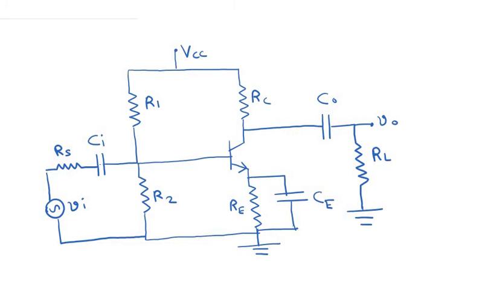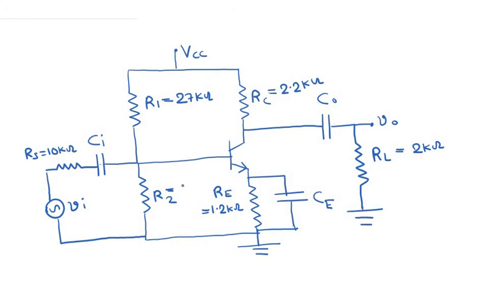Now let us do this problem. We are given the information that RC is equal to 2.2 kilo ohms, RL is equal to 2 kilo ohms, RE is equal to 1.2 kilo ohms, RS is equal to 10 kilo ohms, R1 is equal to 27 kilo ohms and R2 is equal to 15 kilo ohms.